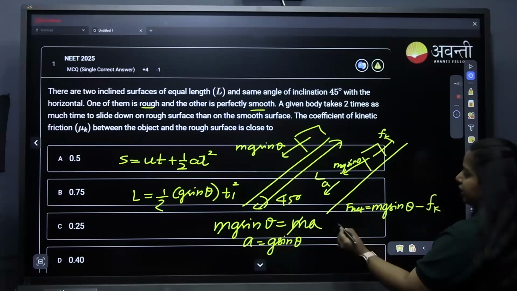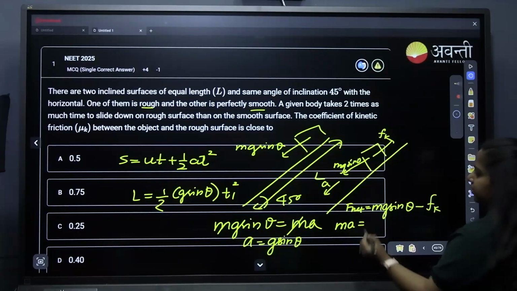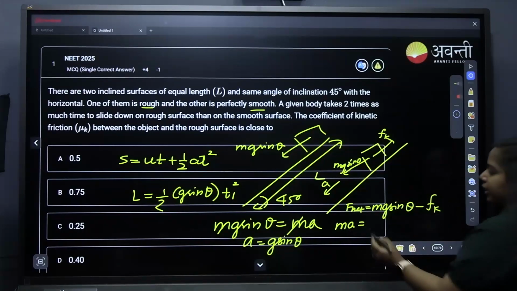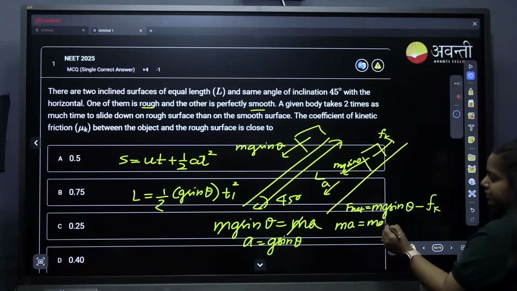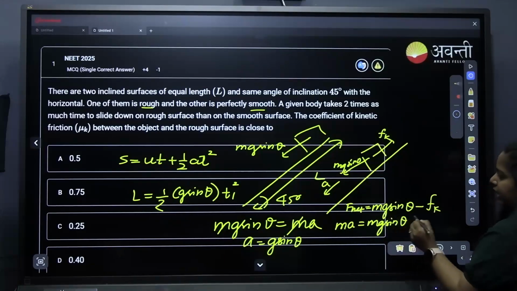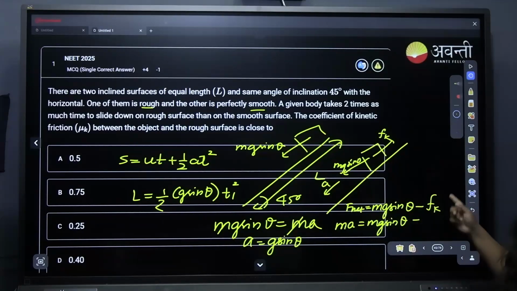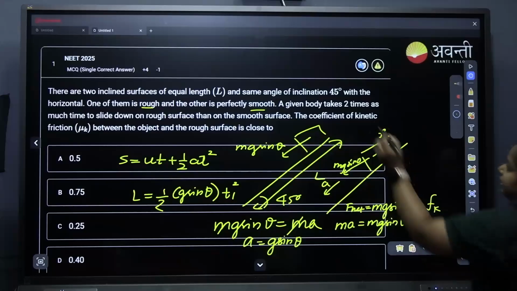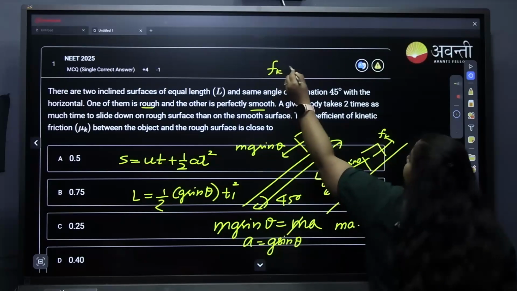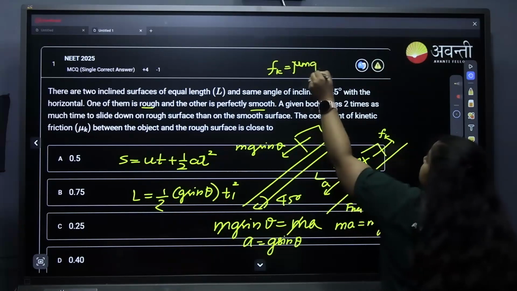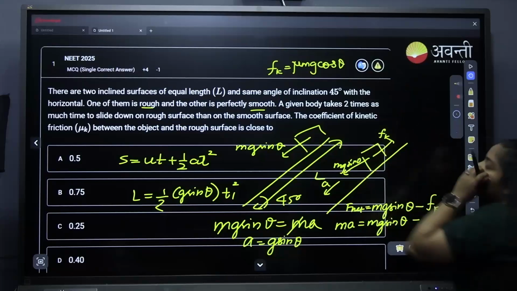F net is mass into acceleration, equal to mg sin theta minus, and from the previous one I am directly taking the result that kinetic friction equals mu mg cos theta.